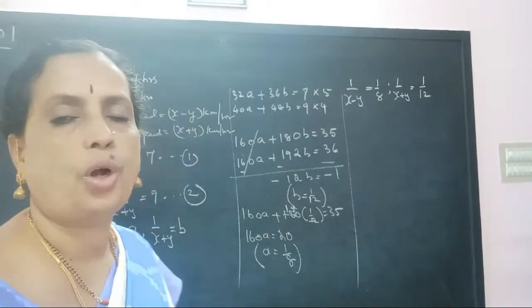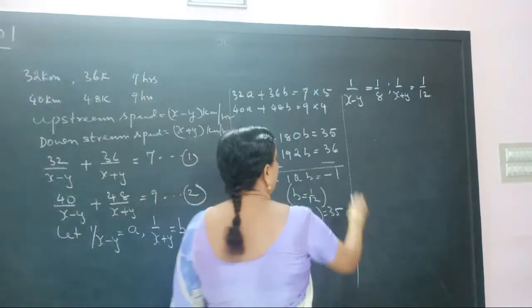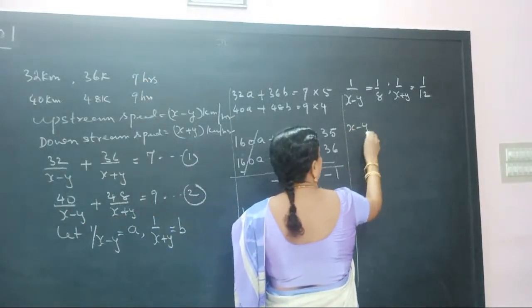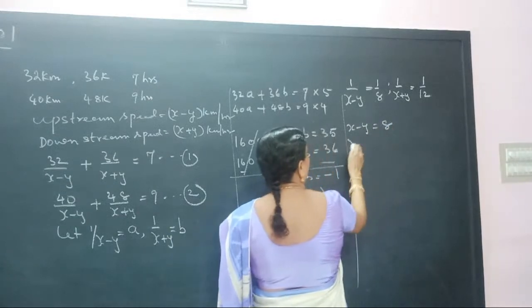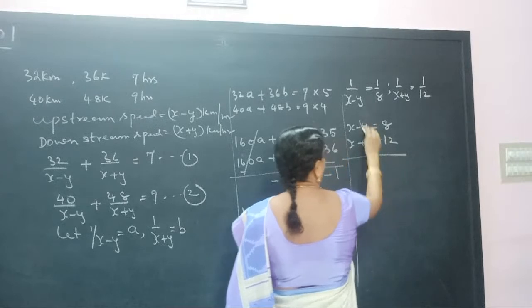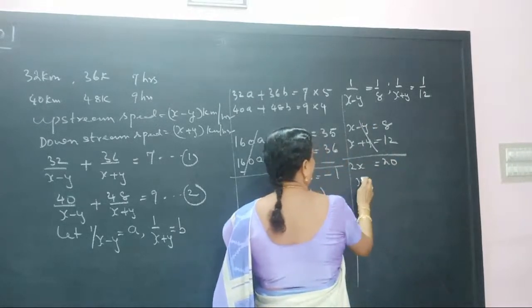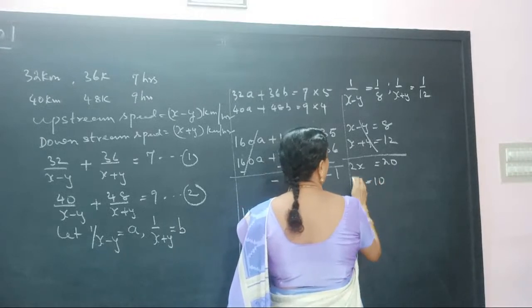I think it's not 3 and 5. Saramangala, check it once. You will get x minus y equals 8. x plus y equals 12. Cancelling, 2x equals 20. x equals 10.